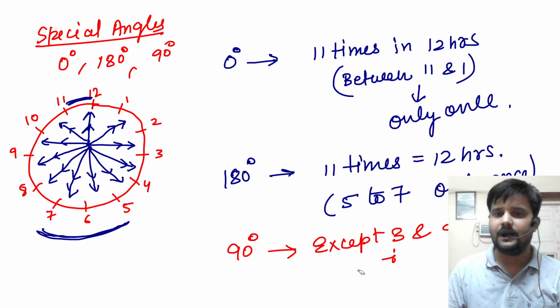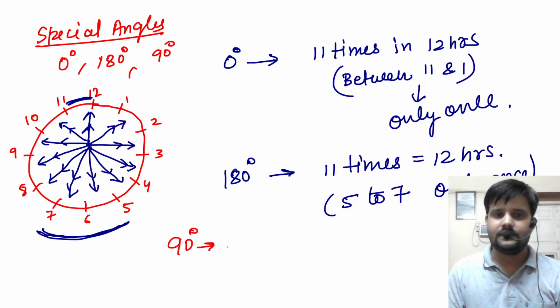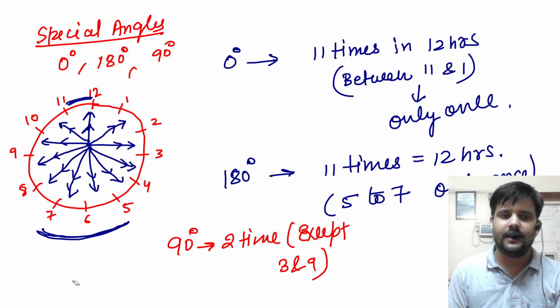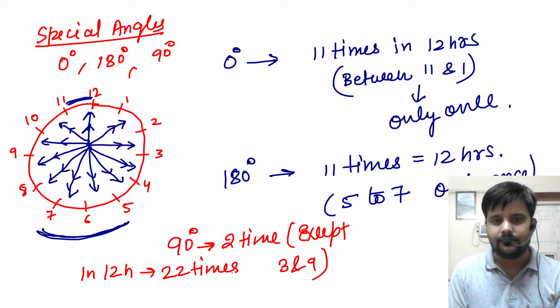Wait, I wrote it in the wrong direction. 90 degree is formed 2 times every hour, except at 3 and 9. I am directly writing the conclusion: in 12 hours, 90 degree is formed 22 times.